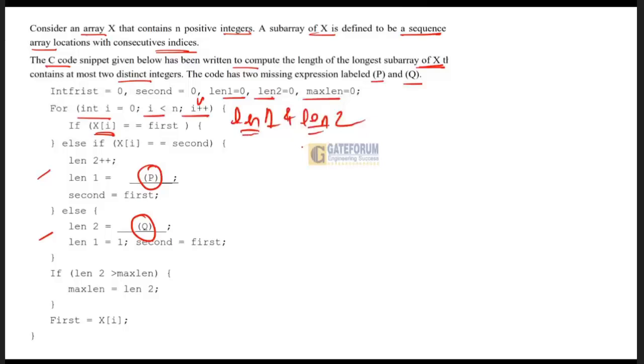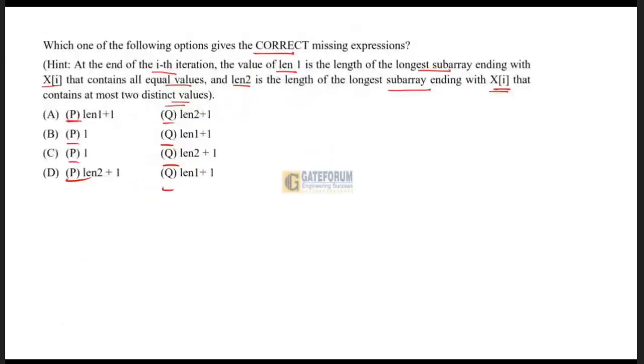Now coming to the conditional statement, here xi equal to second, and here length 2 is greater than max length. So coming to this conditional statement in if-else, as per the hint which is given, it is the hint which is already given, if you already read it, right?